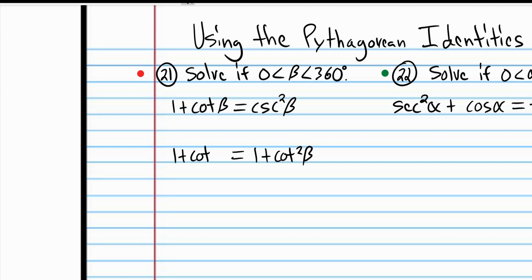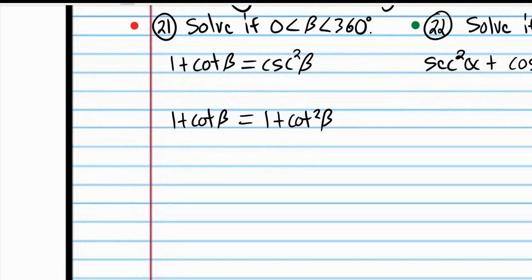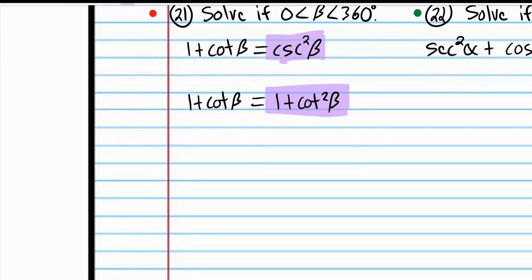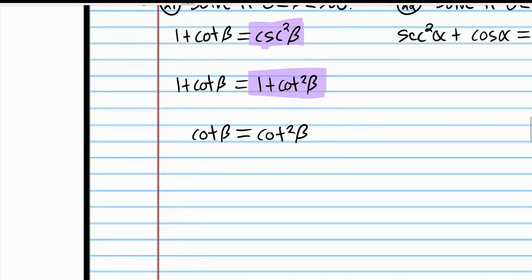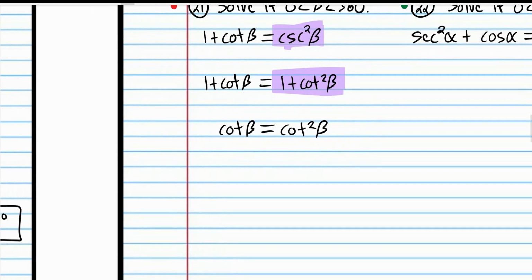Actually, I guess this problem is not that easy, but so we used a Pythagorean identity. Now we can subtract 1 from both sides. And then we're going to subtract cotangent beta from both sides.